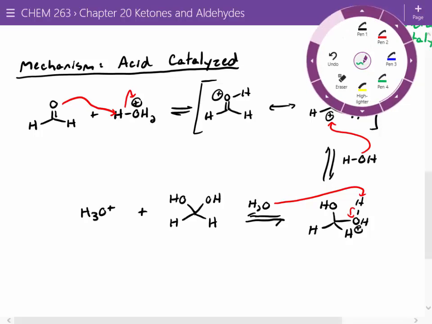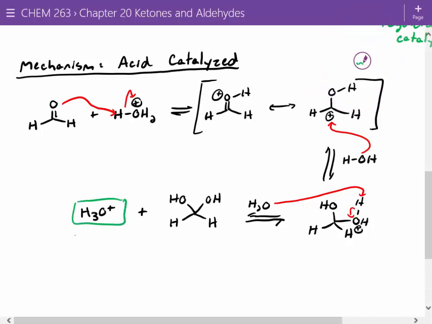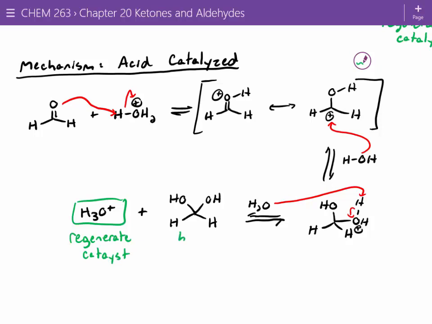Again, the key for these reactions is you regenerate your catalyst. And you form a hydrate. In this case, again, the reaction would likely favor the product side because we're dealing with a very strong electrophile and we're turning our formaldehyde into an even stronger electrophile by first protonating it.